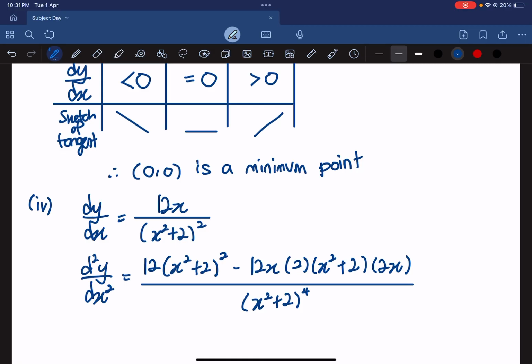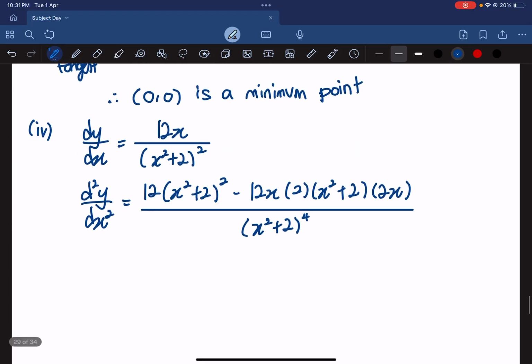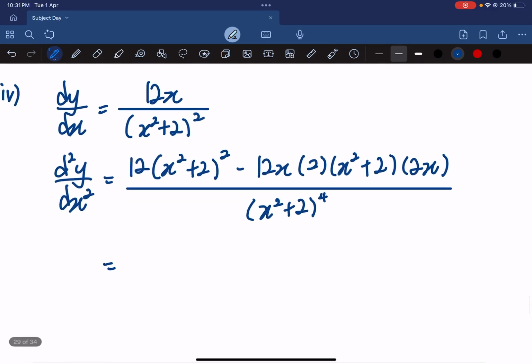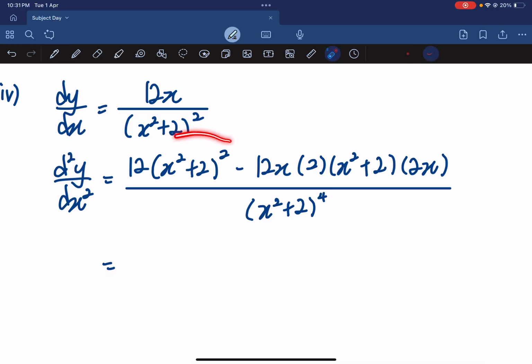Okay? So from here you just need to simplify this. By simplifying this, I know that all terms in the numerator have terms containing x squared plus 2, so I can cancel out one copy of x squared plus 2.